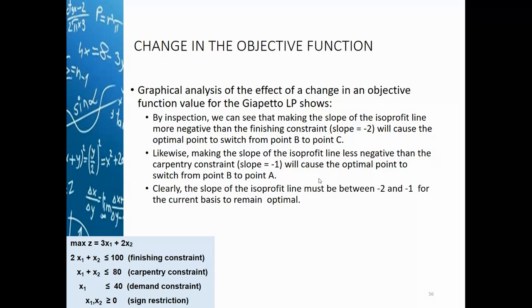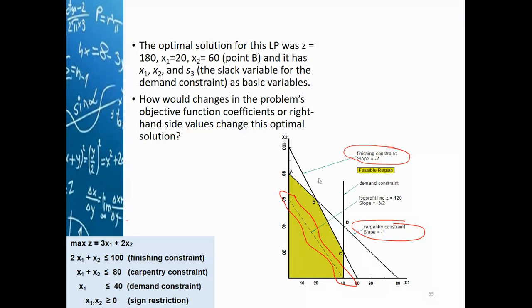Because you want to know whether your iso-profit line moves upward on the right-hand side so that it reaches the maximum solution. This is your iso-profit line, your Z. Its slope is negative 3 over 2, which is just between negative 1 and negative 2.